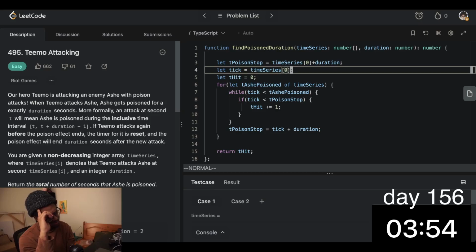Then we pretty much iterate and count until we reach the next tick. While tick is less than hash poison, then we say T poison stop is going to be equal to tick plus duration.